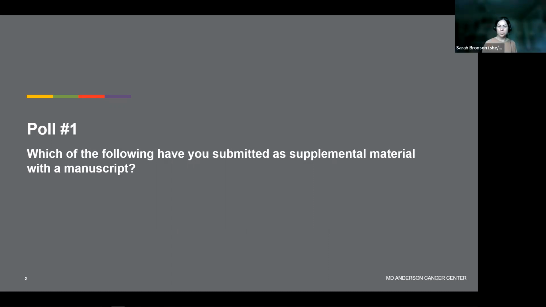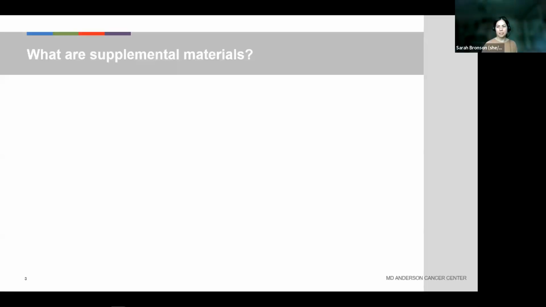All right, well, we'll start with some basic defining of what supplemental materials are. And the answer can be very broad, and it can kind of boil down in a lot of ways too.